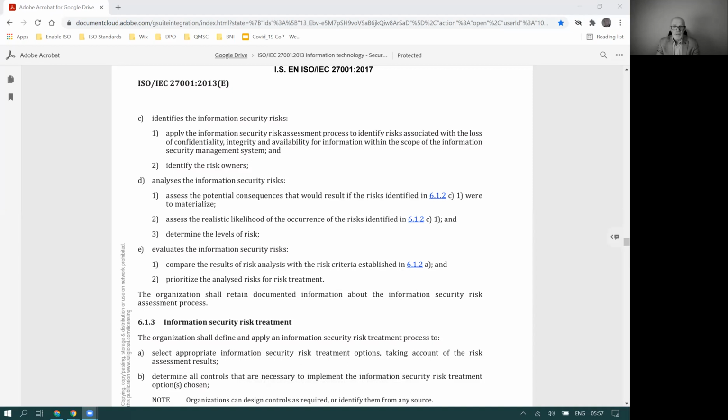And 2, identify the risk owners. Okay, so identifying the information security risks with regard to confidentiality, integrity, and availability. So the impacts will be on the confidentiality and or integrity and or availability of the information.